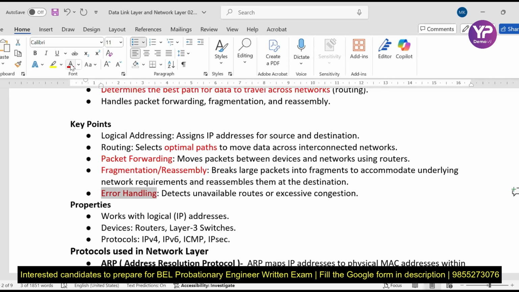Network layer gets the data from the transport layer. So what type of data is sent by the transport layer? It sends the original data segment, the information of the application layer, some control or extra information of the application layer, as well as its own extra information.